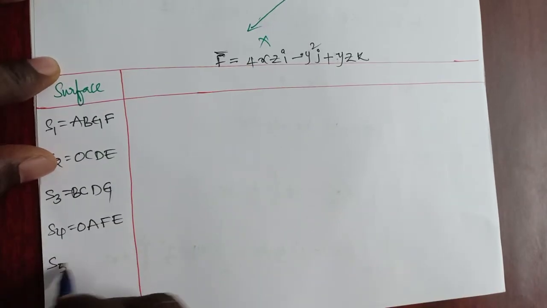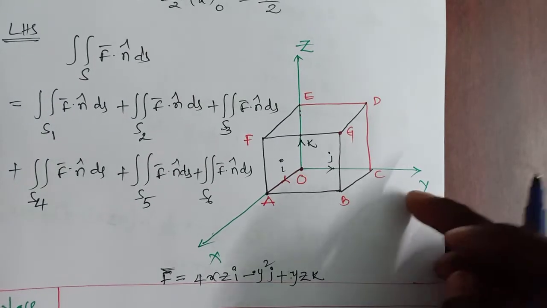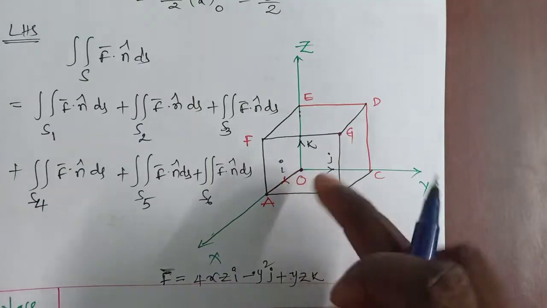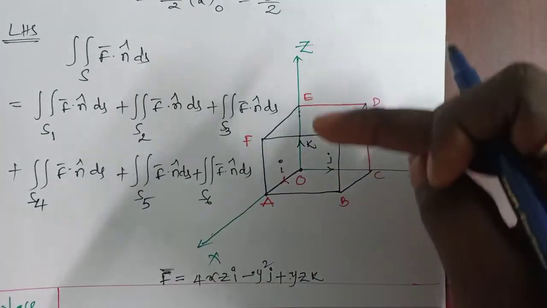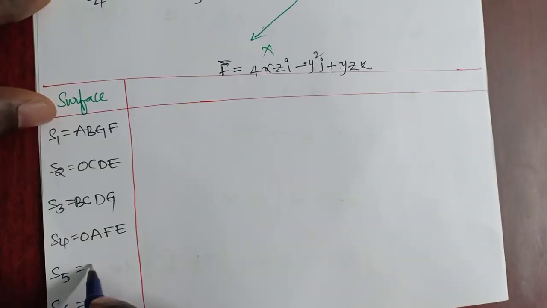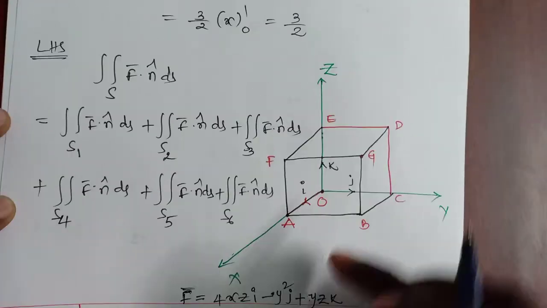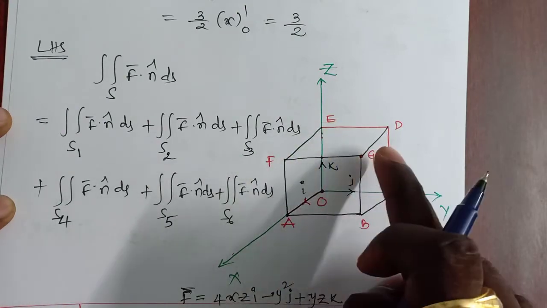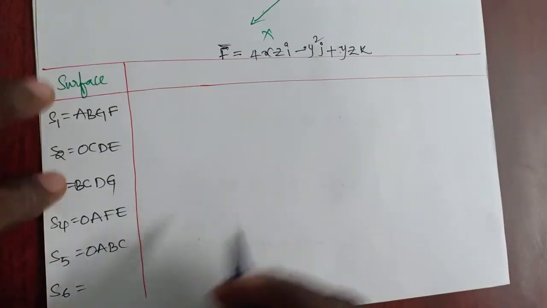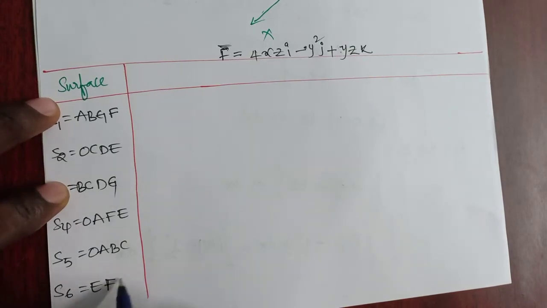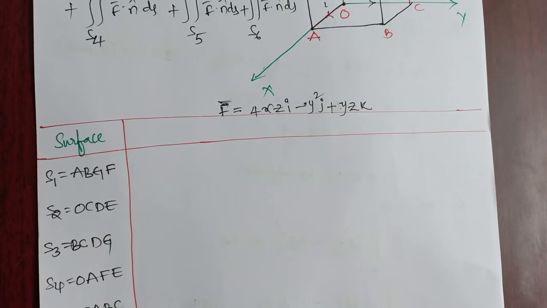Now the fifth one, and finally the sixth one. The fifth is the lower surface OABC, and the sixth one is the upper one, EFGD. Okay students, now the surfaces are over.